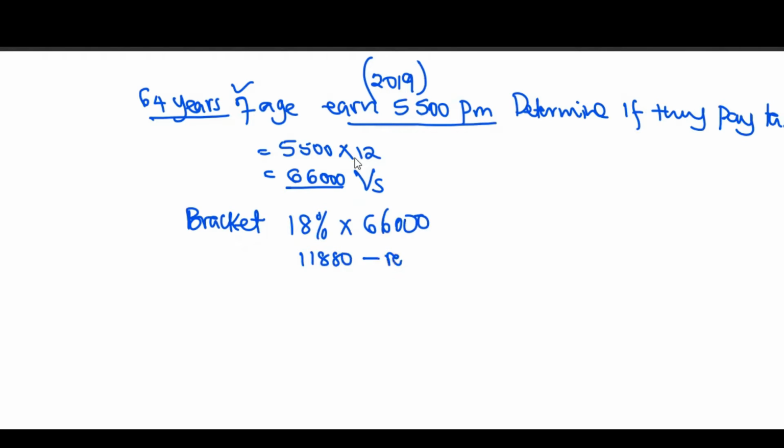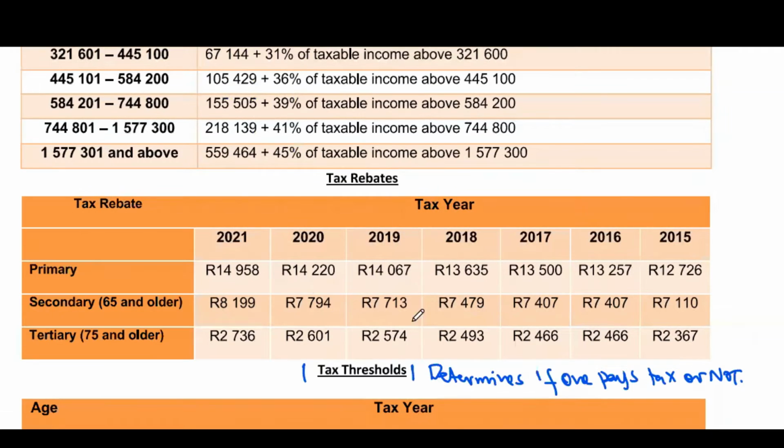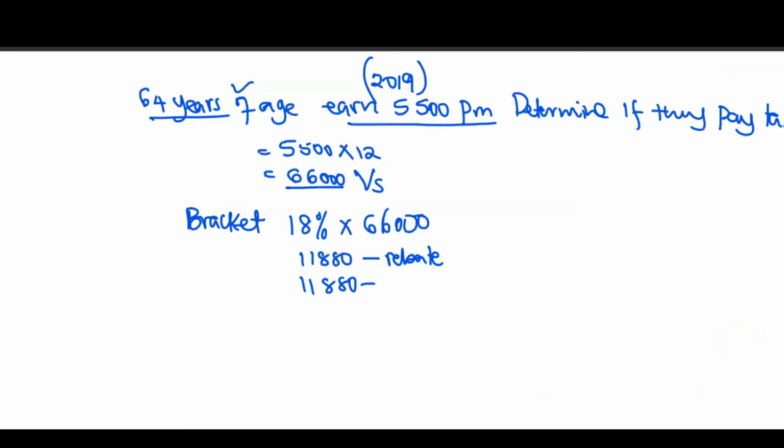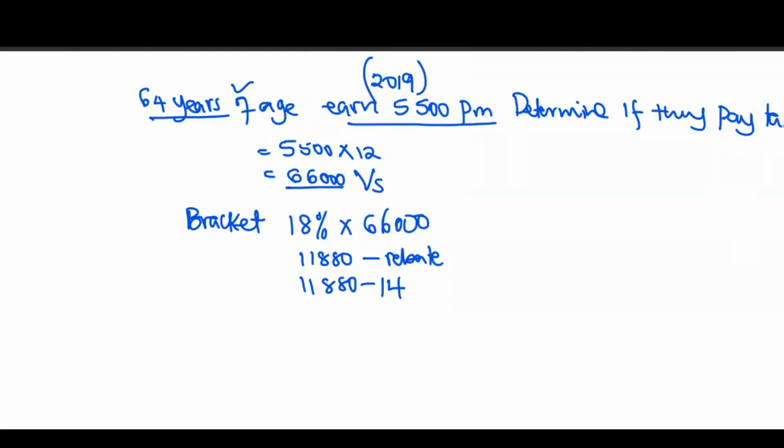Then we subtract the rebate. Remember, 64 years of age. The rebate is now here, 2019. The rebate is 14,000, 14,069 rands.